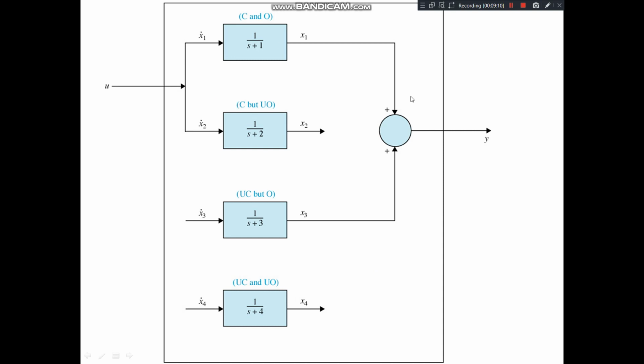Here, by this diagram, we can have a clear idea of controllability and observability. These state variables represent the system, and here is the input u and the output y.